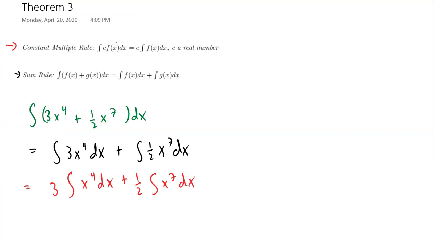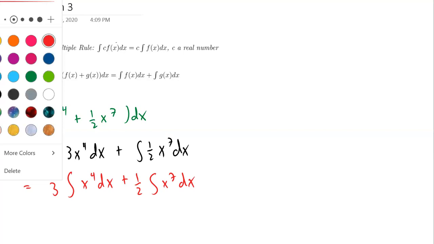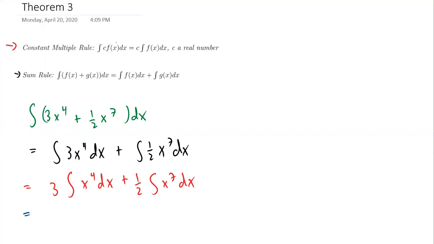Now, I can go ahead and solve each of those separately. By the previous theorem, what is the indefinite integral of x to the 4th? Well, we still have the 3 outside. We just add 1 to the exponent and divide by that new exponent, and we have the plus c. That's the first part.